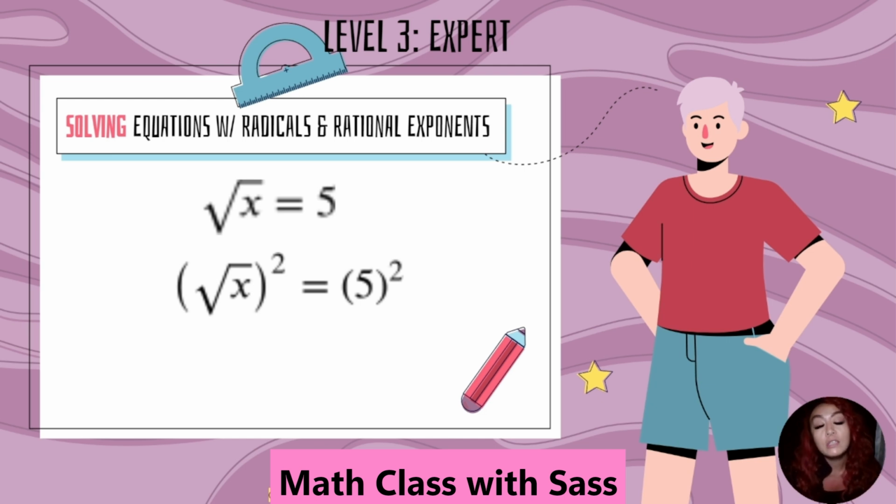So what we're really doing is raising each side to the reciprocal power, because you're going to want that to make sense when we have an exponent that is a fraction whose numerator is not 1. So we're going to square both sides. The square root of x squared is just x, and 5 squared is 25.